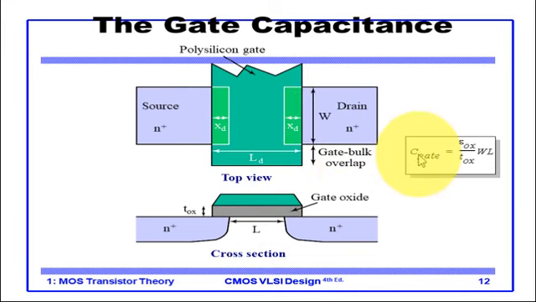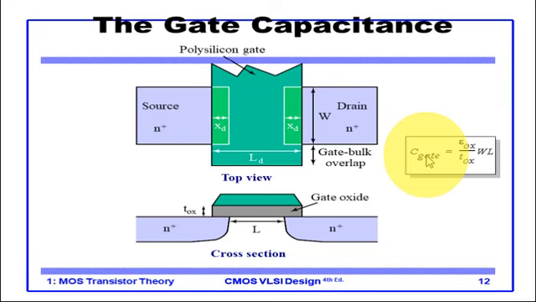That's why there is a gate capacitance, and this gate capacitance is epsilon 0 upon TOX, the thickness of the oxide, into WL, that is width into length. This is the simple equation epsilon A by D, which you might have heard. Epsilon is the permittivity, A is the area, that is W into L, width into length, and the distance is TOX.